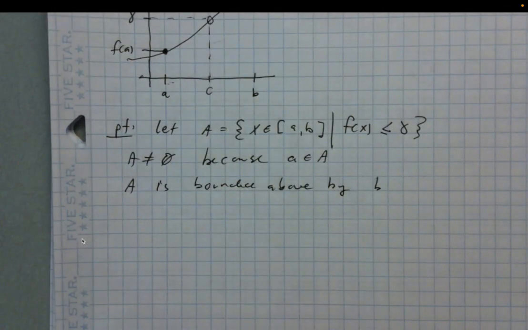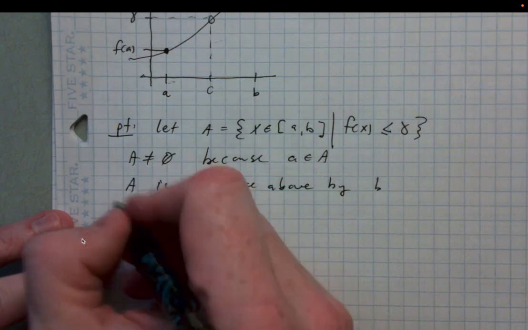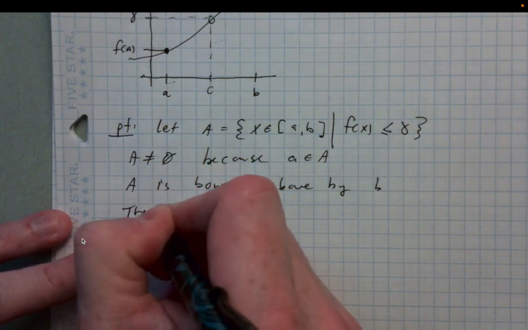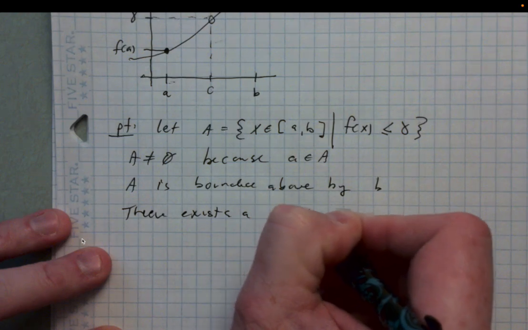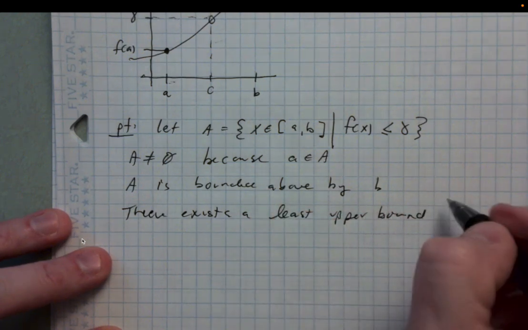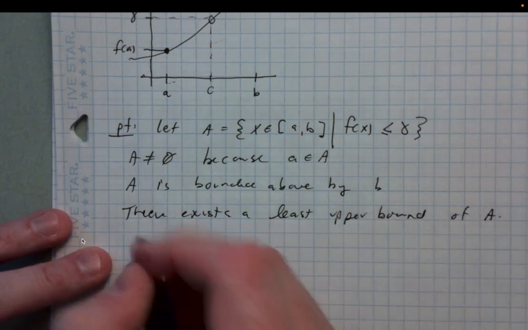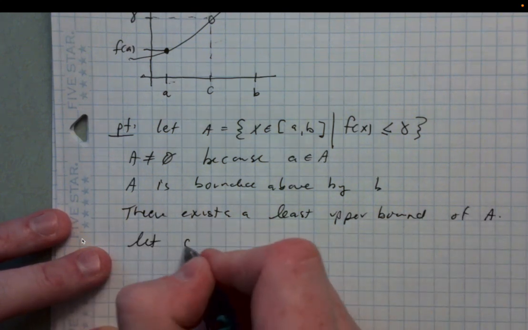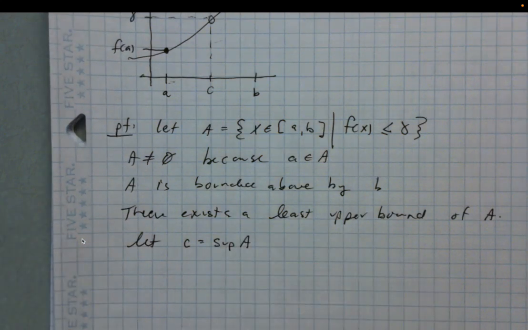Okay, so we've got a non-empty subset that's bounded above, and so this means there exists a least upper bound of A. And so let's let c equal the supremum of A. So the least upper bound of A is this number c.